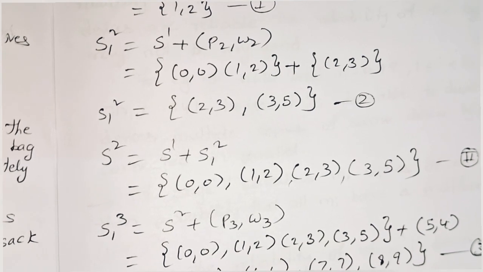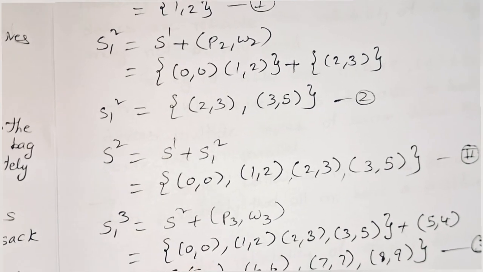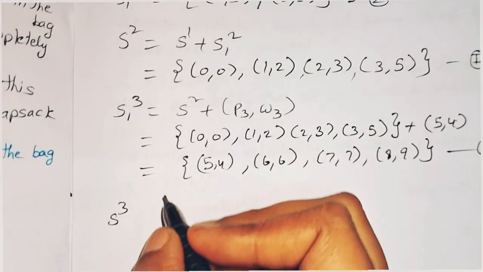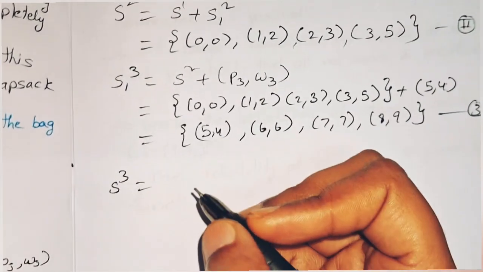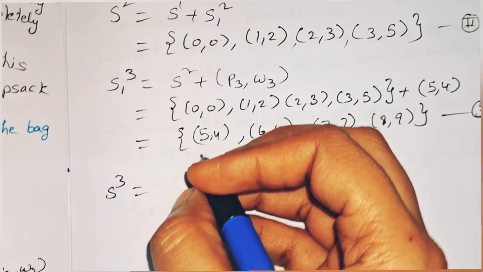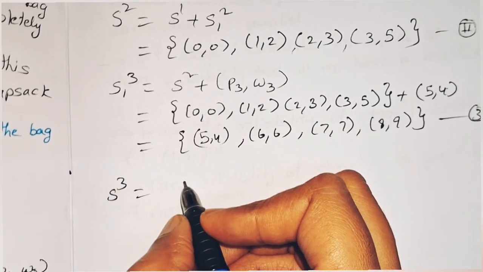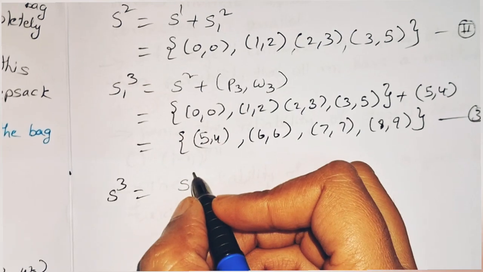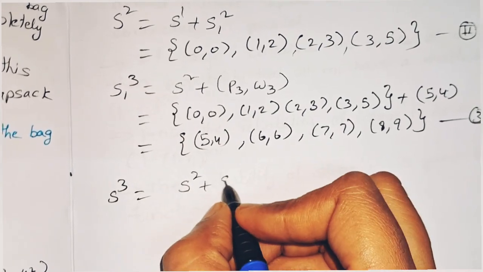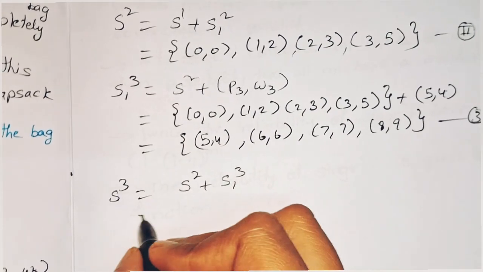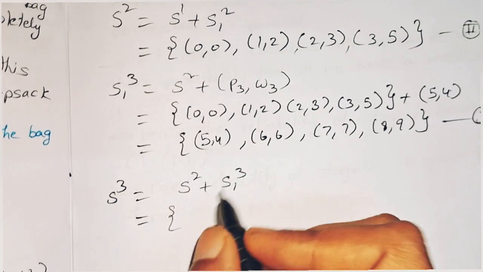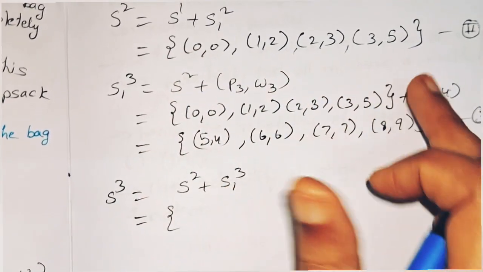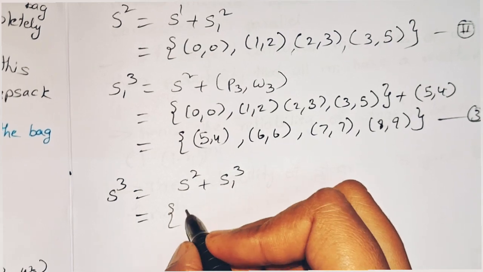Okay, so now we need to perform the merging operation. So for merging operation we have S3 equals to, so what is the S3 value here? So for merging operation we have to apply the formula. So Si minus 1, that is S2 plus S13, that equals to, so what is the S2 value here? So 0, 0, 1, 2, 2, 3, 3, 5. So similarly here we are writing these values.